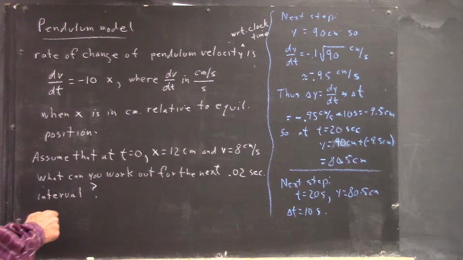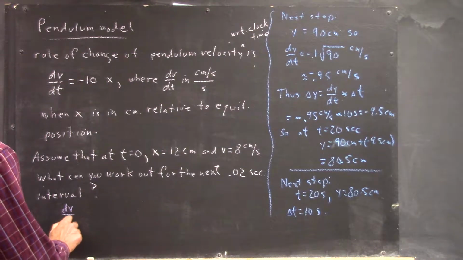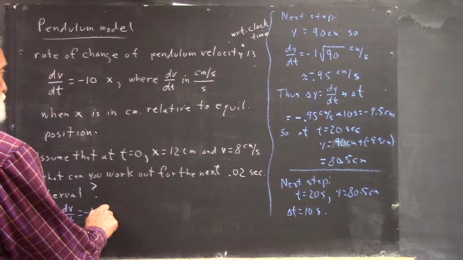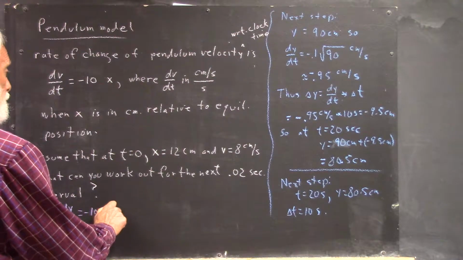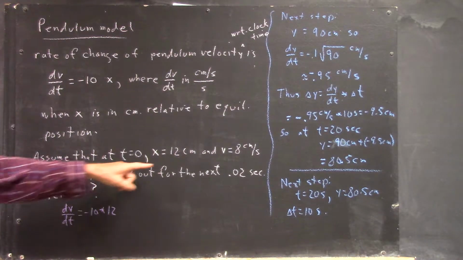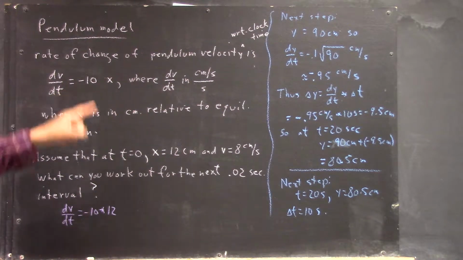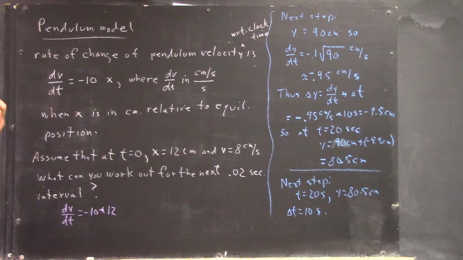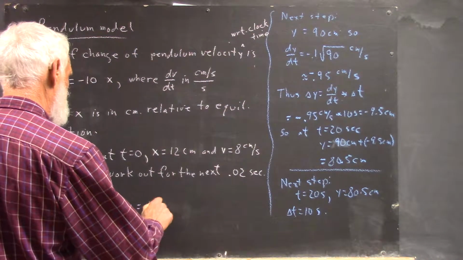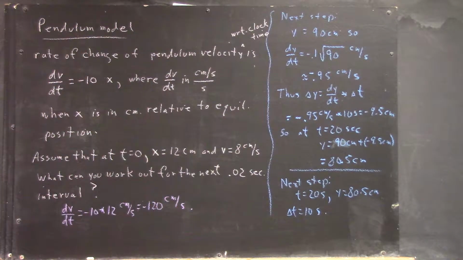We can say that dv dt is negative 10 times 12, right? Because we're given the value of x. That's all we need to get dv dt. Okay? And then knowing that that's in centimeters per second, that's negative 120 centimeters per second. Okay?